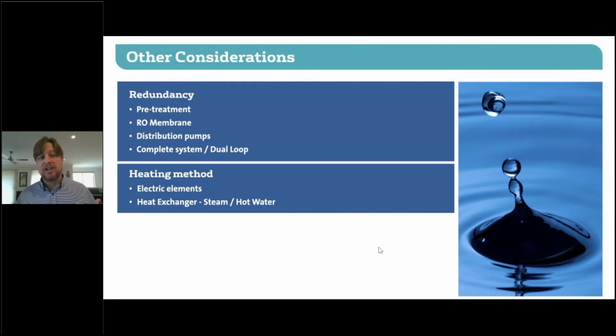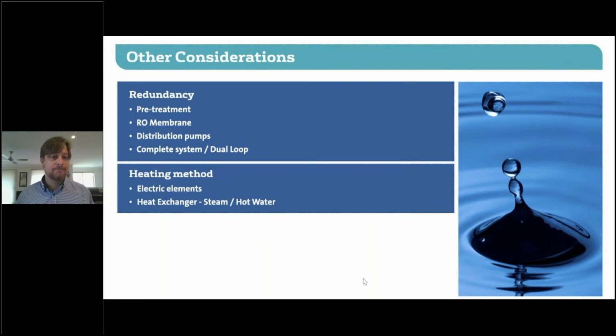Another thing to consider is your heating method. So we're looking at hot water sanitisation. Typically, people are using electric elements to heat the water, but if you have steam readily available at where your plant room is, or another alternate hot water supply, we can use a heat exchanger to heat the water, which can obviously save you ongoing costs.